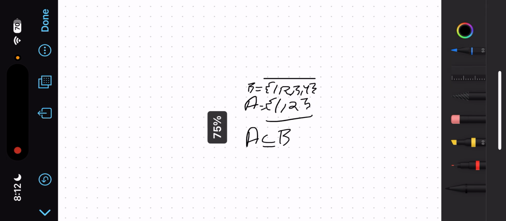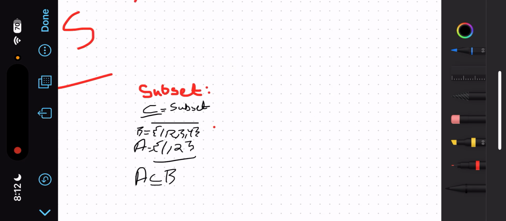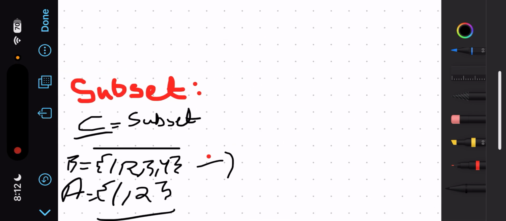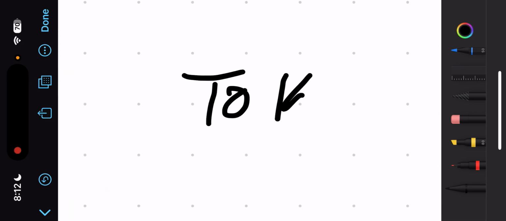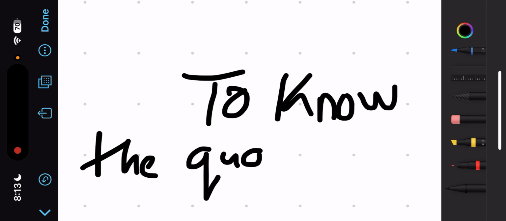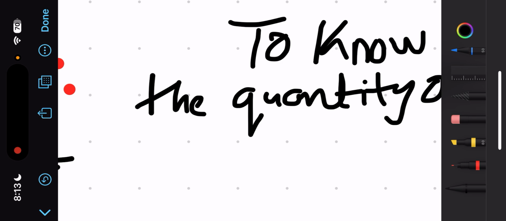Now there are two types of subset. Before telling about the two types of subset, I want to say that there could be a lot of subsets of B. Then how do we know how many subsets there can be? We will use a formula to know the quantity of subsets.